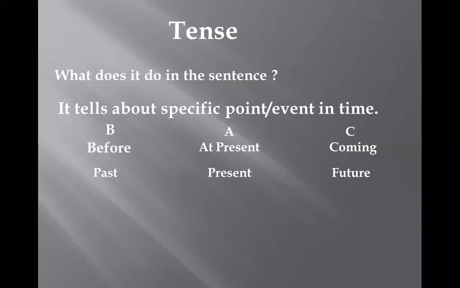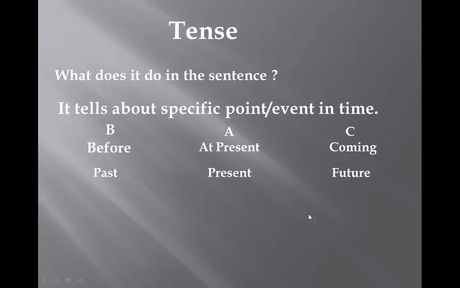I hope you understood this in a very easy and lucid manner, which will help some of you to understand in a proper manner. So see, students, how it is getting. A, B, and C. So you can recall like this: A at present, B before at present, and C coming to at present, right? Coming means that will be in the future.